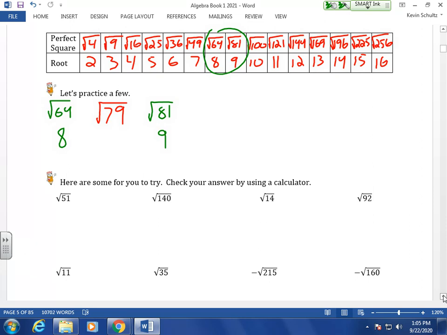Because root 79 is between root 64 and root 81, and the root of 64 is exactly 8, the root of 81 is exactly 9, we know that the root of 79 must fall between those two values. Okay?